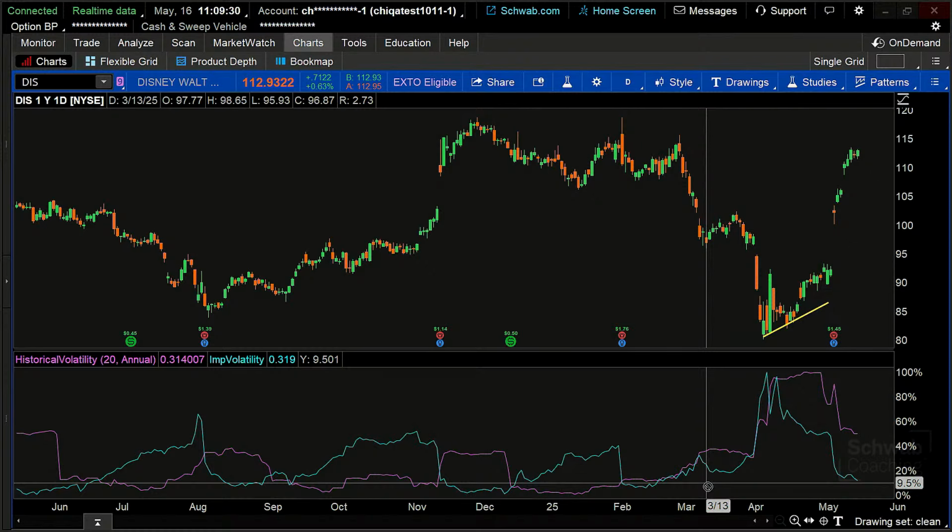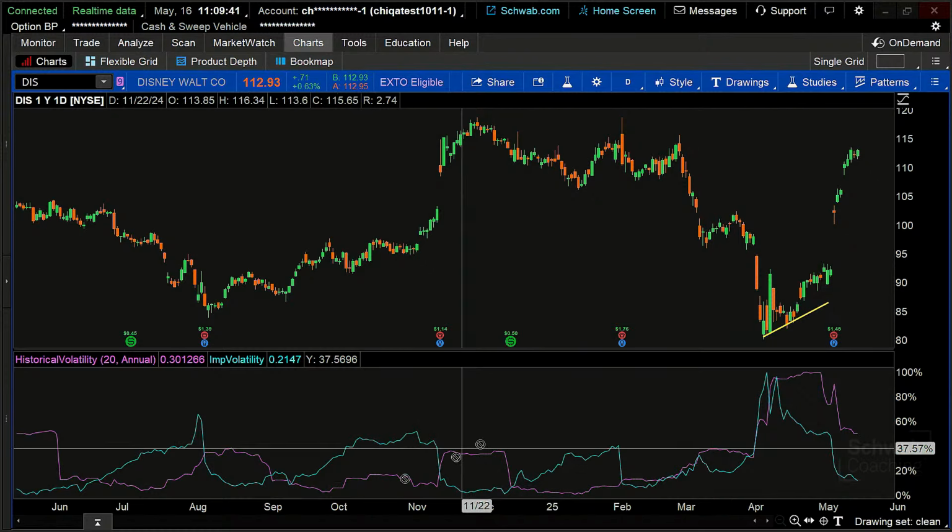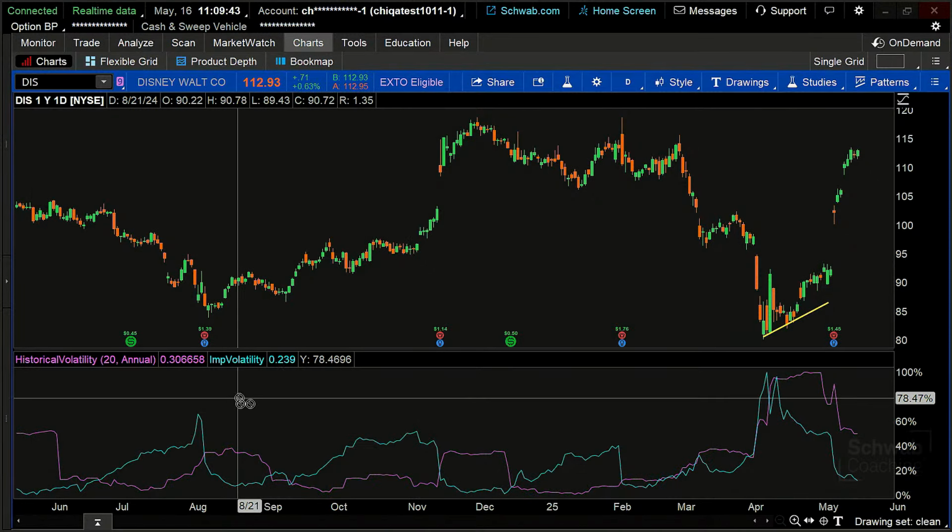How this individual stock that we're looking at behaves relative to itself in terms of volatility. What's that range of movement? From these indications, historical volatility and implied volatility, we get a lot of technical studies. We get things like ATR, average true range.